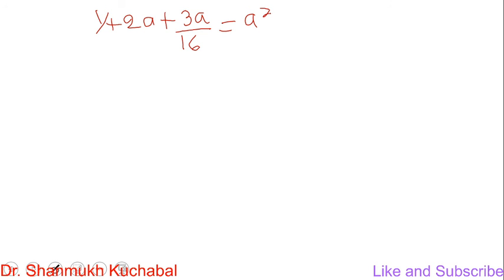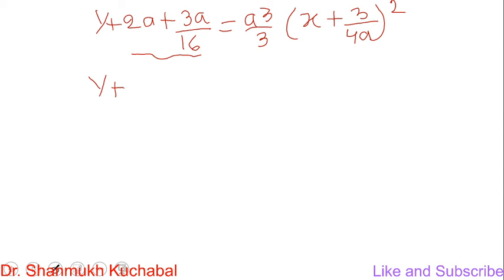A cube divided by 3 times x plus 3 by 4a whole square. Further we have to simplify these two terms, finding an LCM for them. So we get y plus 32 plus 3, that is 35a divided by 16.